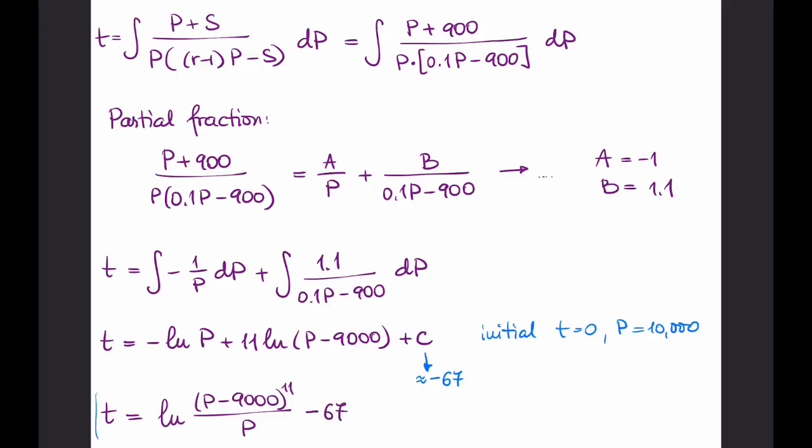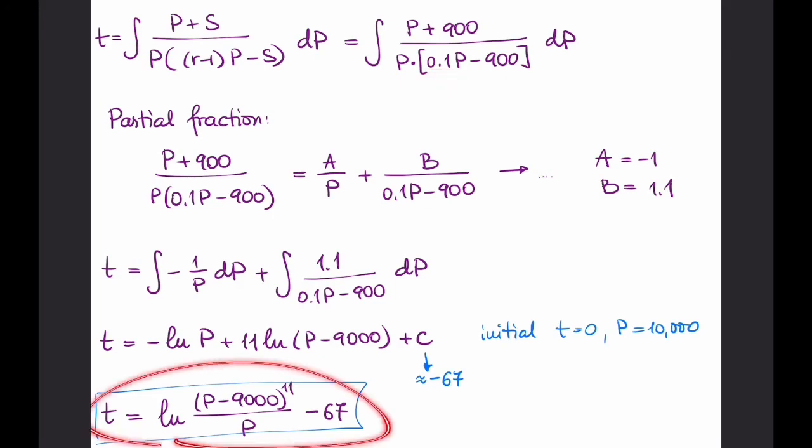So this is going to be my final formula connecting the size of the female population with the time if we, once again, remember, introduce 900 sterile males into every generation, and if we assume that the females reproduce males at the rate of 1.1 per capita.